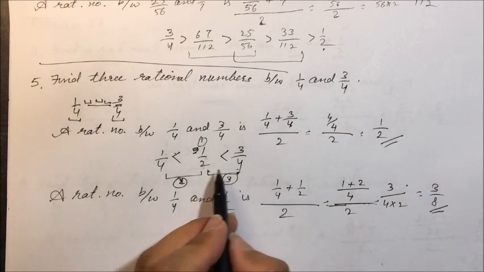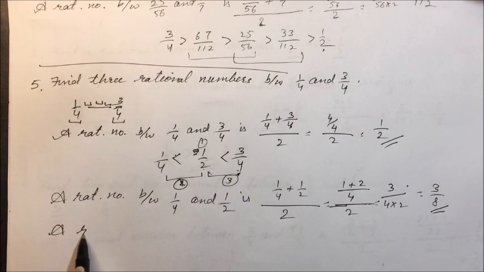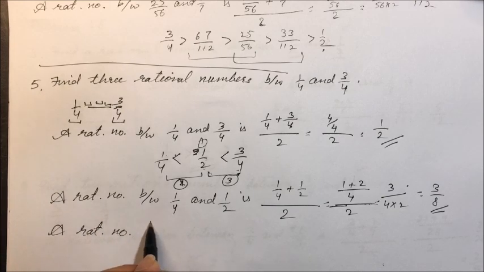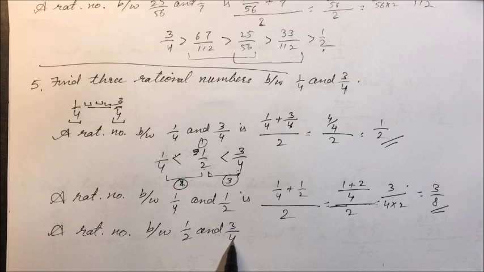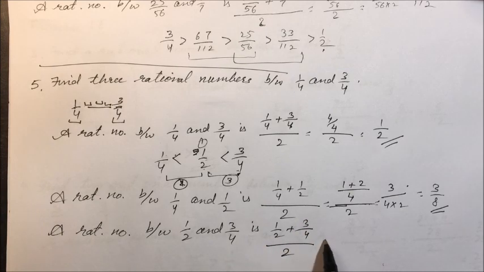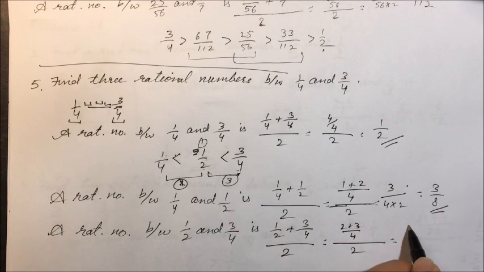Third rational number between them. A rational number between 1 by 2 and 3 by 4 is 1 by 2 plus 3 by 4, whole divided by 2. Take the LCM 4. It will be 2 plus 3, it will be 5 divided by 4 into 2, that is 8.